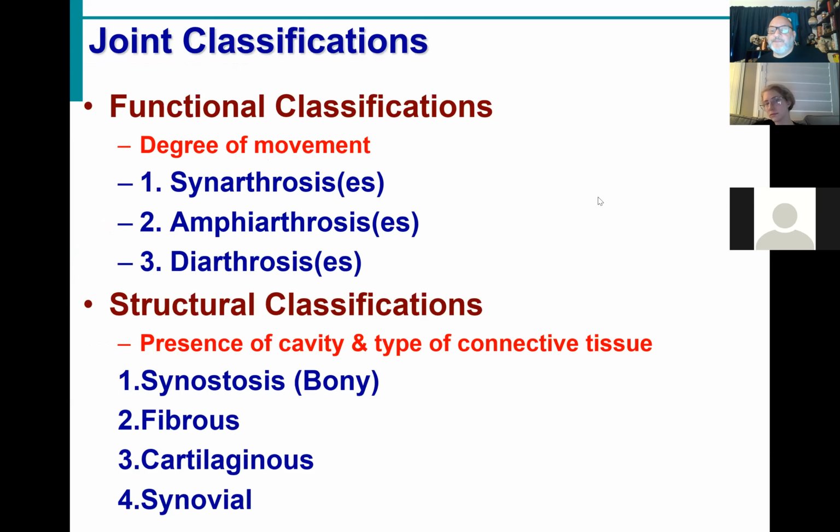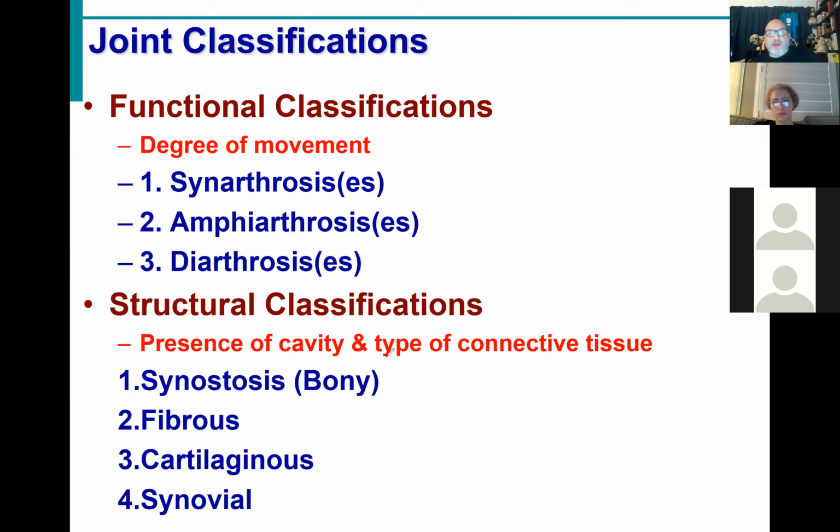All right, we left off last class talking about the functional and structural classifications of our joints. There are 3 functional classifications, and again, the functional classifications are based on the amount of movement that they allow. And 4 structural classifications.